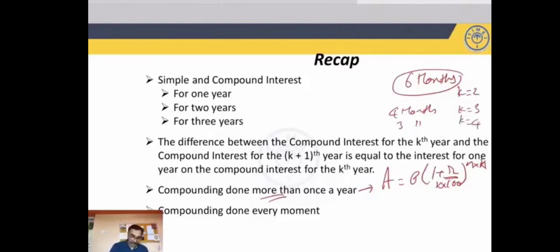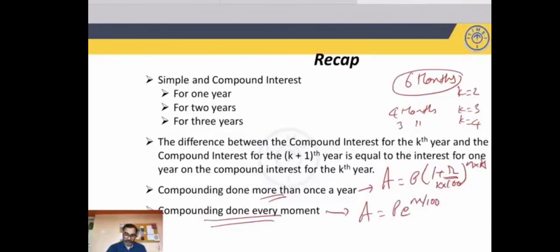Okay. Then we have seen compounding done every moment. How do we get it? A is equal to P into e to the power of NR by 100.